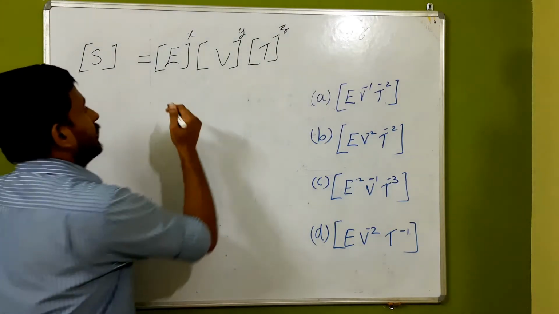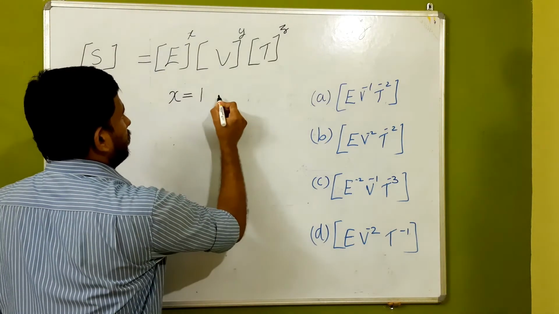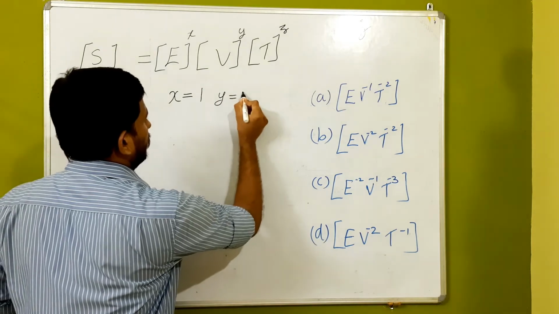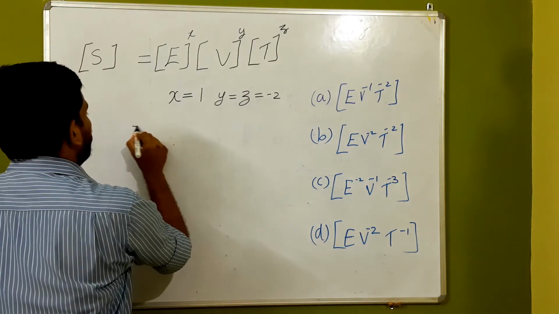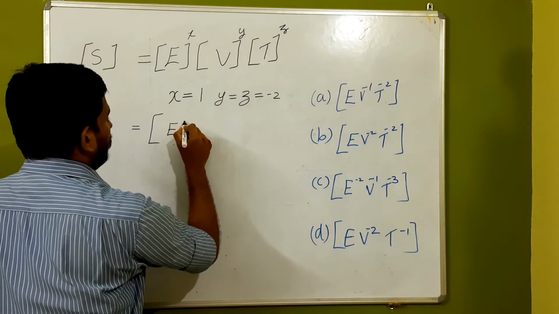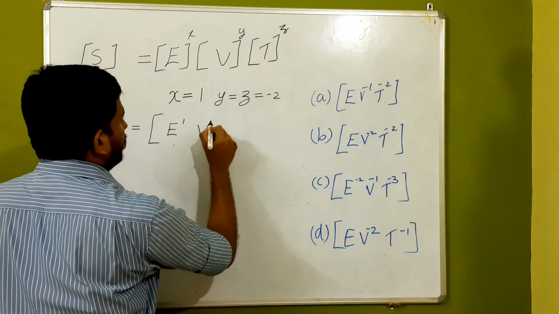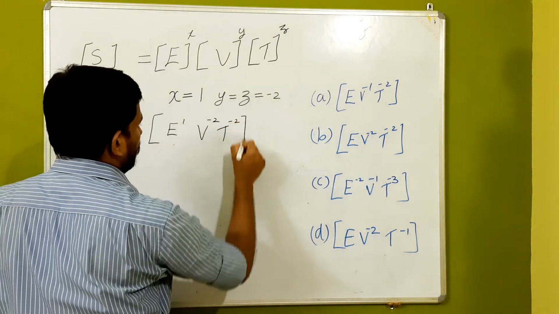So we get x is equal to 1, y is equal to minus 2, z is equal to minus 2. So putting these here, we get energy raised to 1, velocity raised to minus 2, and time raised to minus 2.